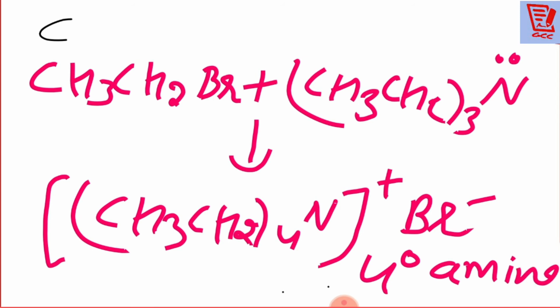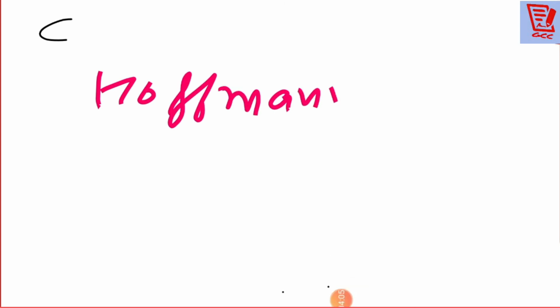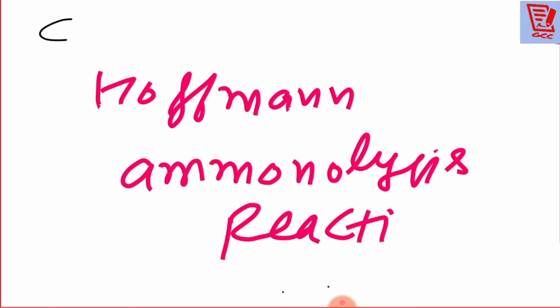And students, when we make these amines one by one, primary amine, then secondary amine, then tertiary amine, then quaternary amine, this full reaction is called Hofmann ammonolysis reaction. What do you call it? Hofmann ammonolysis reaction. Understood, all of you?